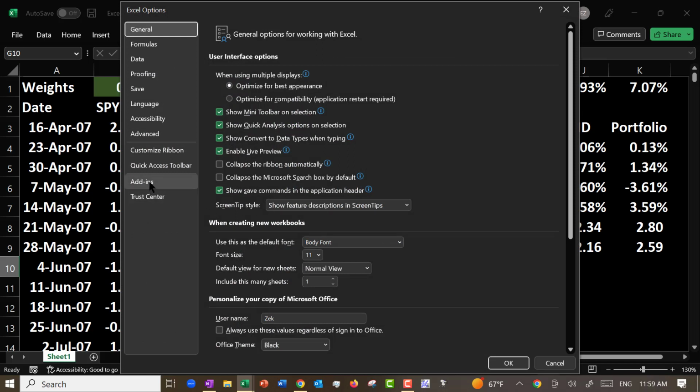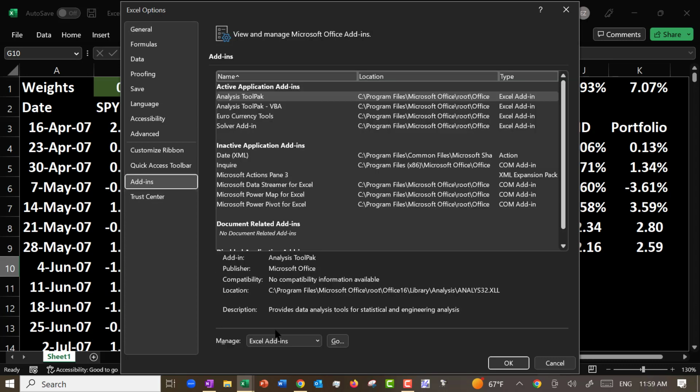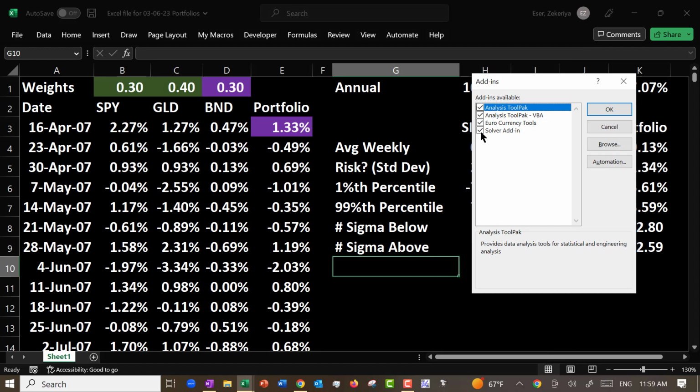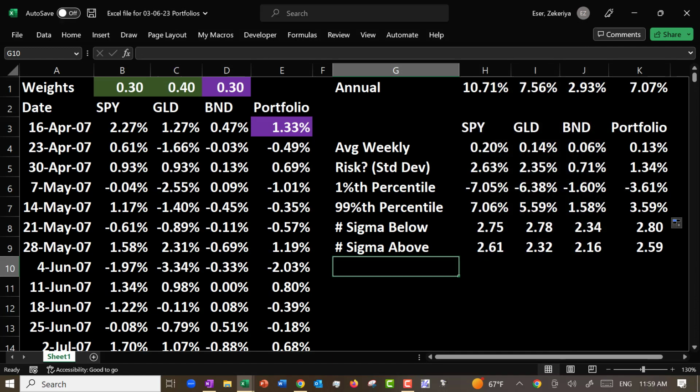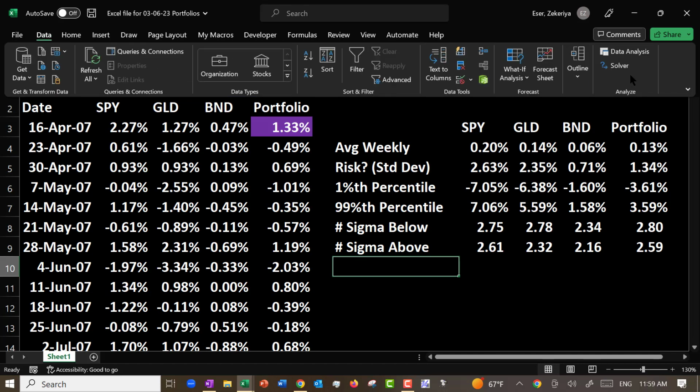Hit Go. Make sure that Solver add-in is checked. Once you do that, under the Data tab, at the very end, you should have a Solver button. You don't have it? You guys all have it? Okay.